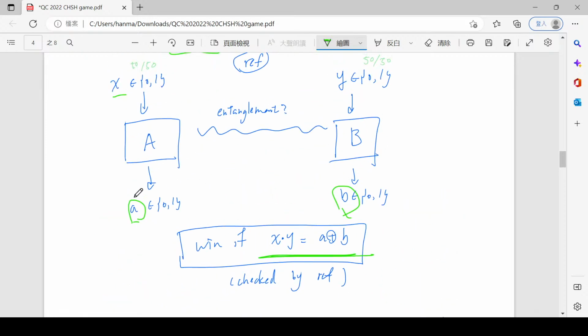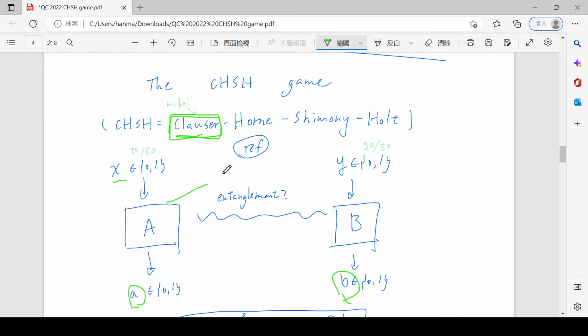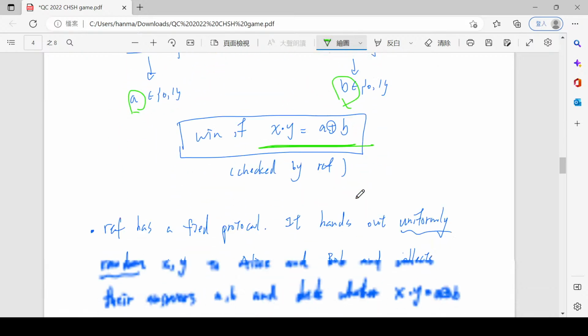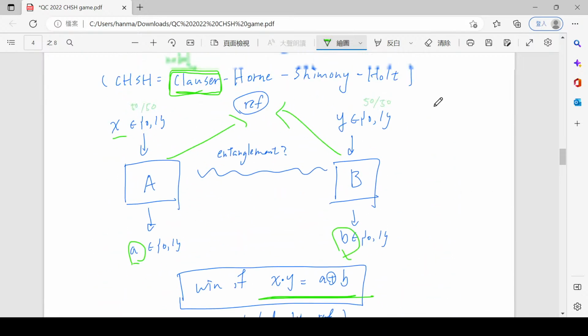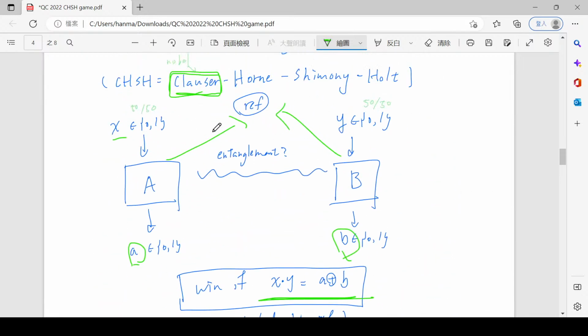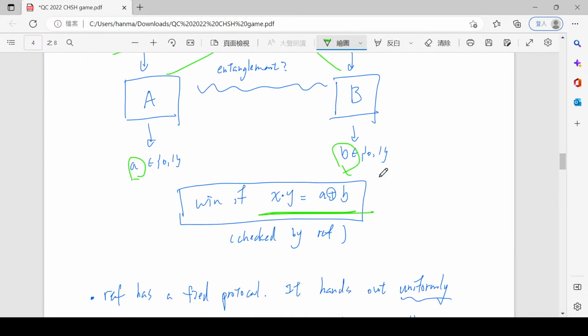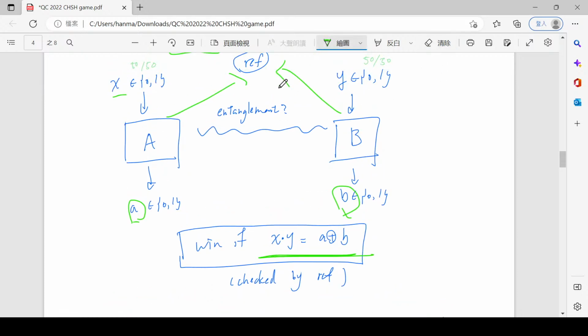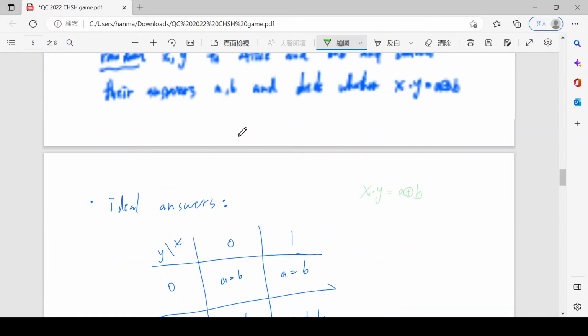After Alice and Bob output A and B, these are sent back to a referee, who obviously knows X and Y, and will check A and B. There is a little more generalization on this. This kind of game is called an XOR game, just because the winning condition is determined by the XOR of Alice and Bob's outputs, and that's just something theoretical that people study.